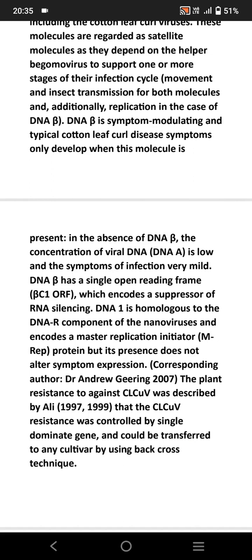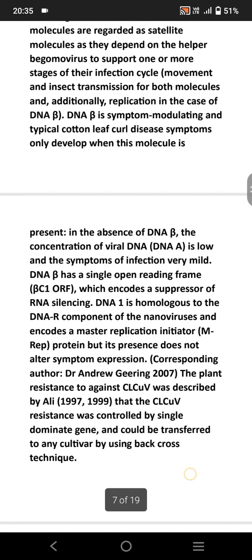DNA beta has a single open reading frame which encodes a suppressor of RNA silencing. DNA1 is homologous to the DNA-R component of the nanoviruses and encodes a master replication initiator protein, but its presence does not alter symptom expression.